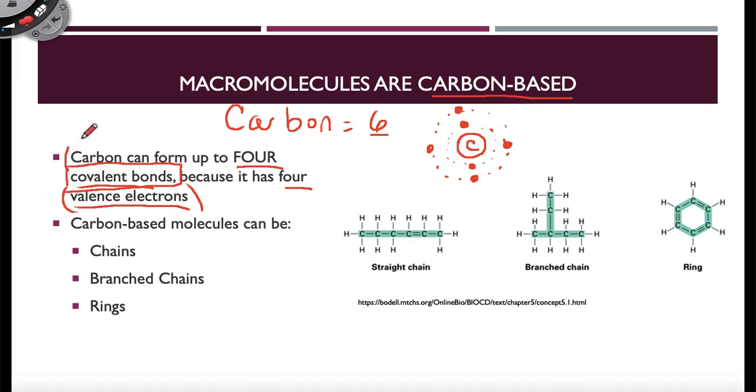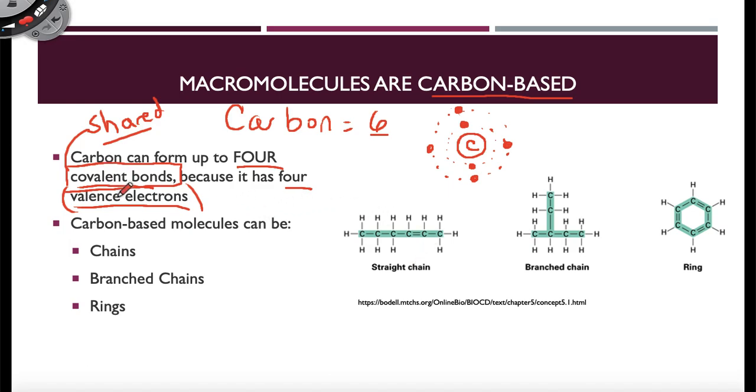Now, a covalent bond means that these electrons on the outer portion of the atom are going to be shared with another atom. So here you see that carbon loves to form covalent bonds with hydrogen. So it shares one of its electrons, and it can form a covalent bond with hydrogen or with another carbon atom.